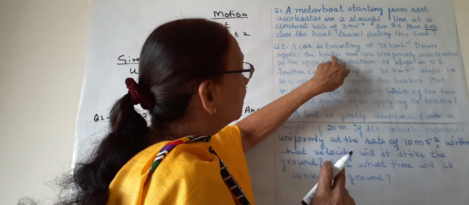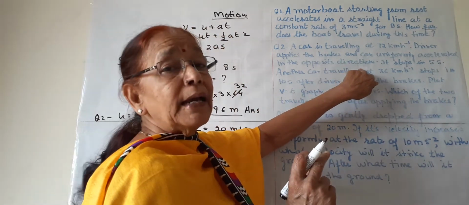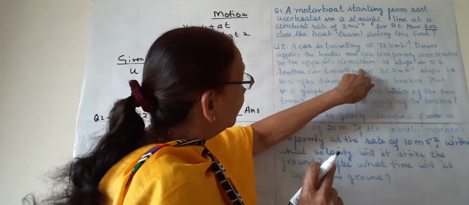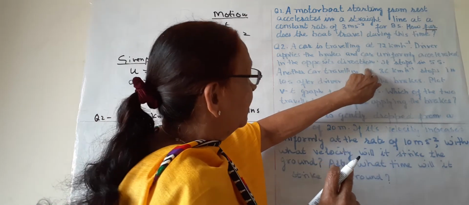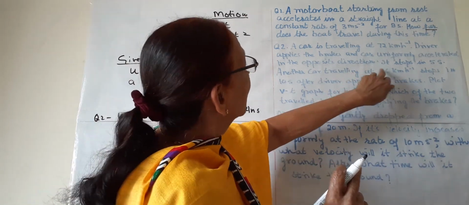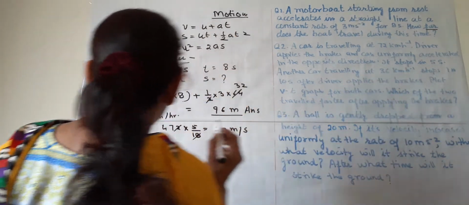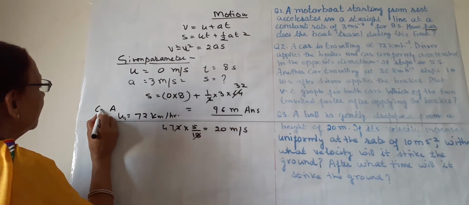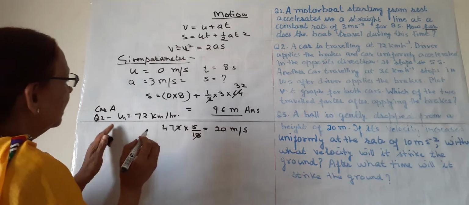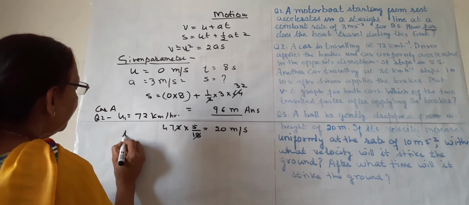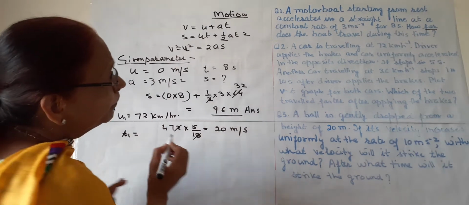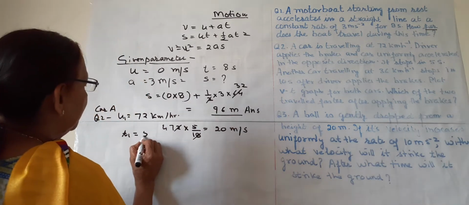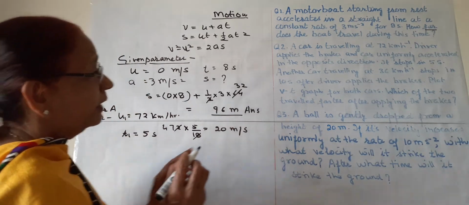Now brakes are applied, so the acceleration is negative and it is retardation. It stops in 5 seconds. Suppose this is u1, this is for car A, and time t1 is equal to 5 seconds. It stops in 5 seconds.